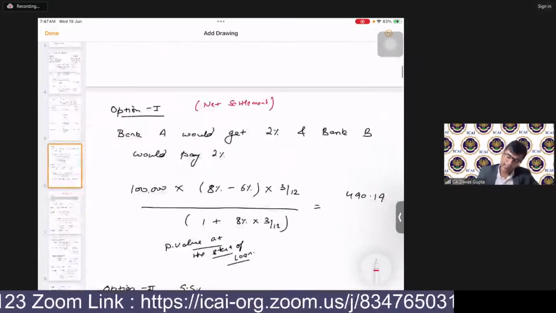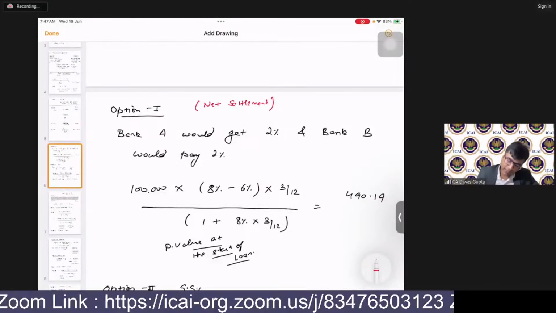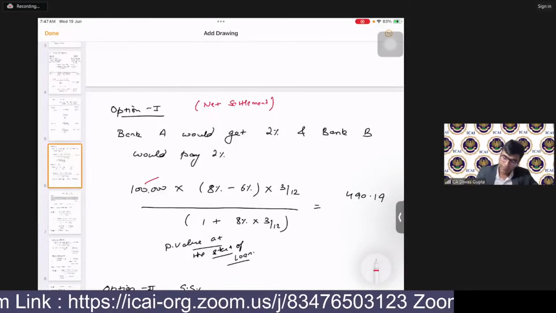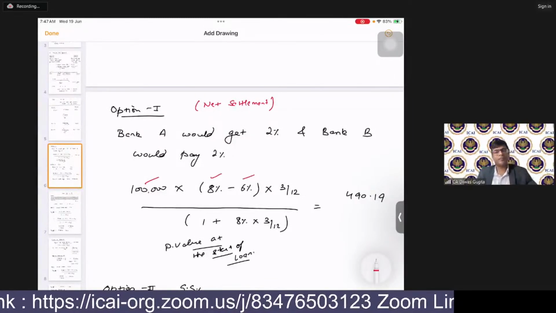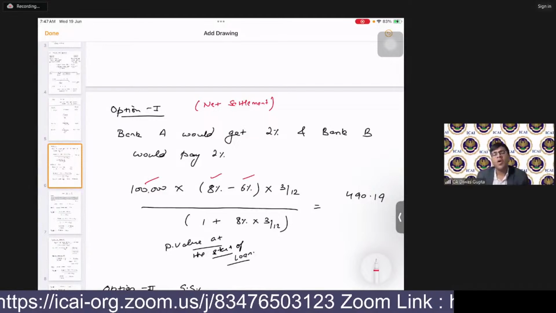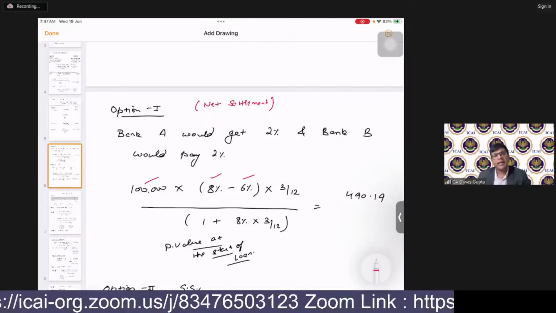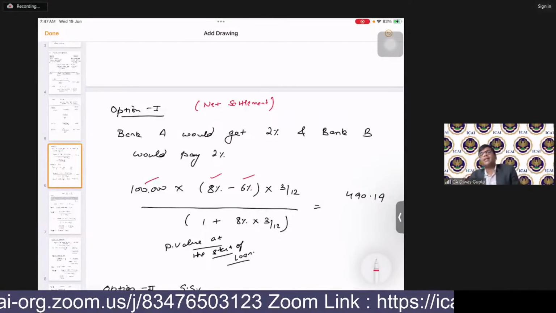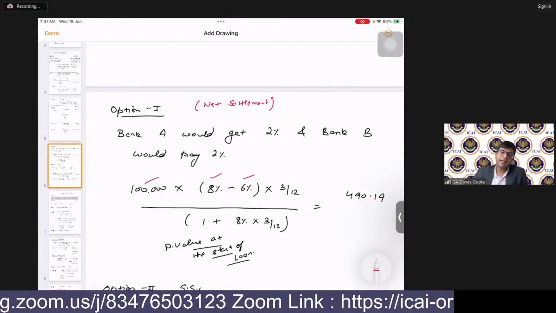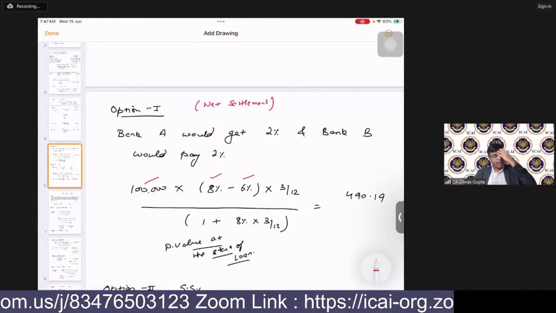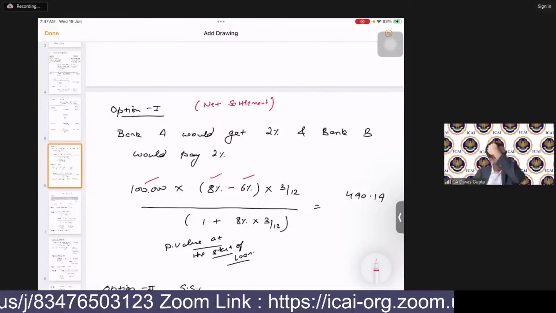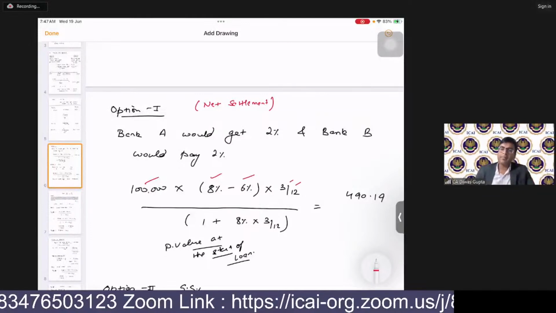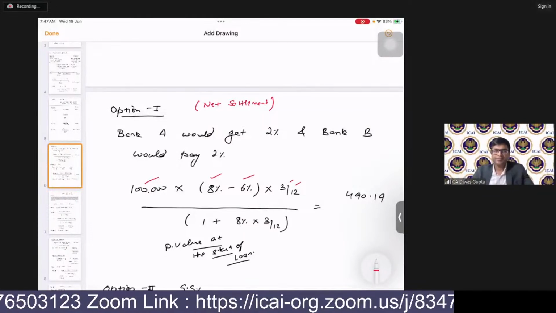So for Bank A, how will that calculation be done? 1 lakh was the notional amount. 8 minus 6 is the difference of 2% that is coming, right? 8 is my actual rate. 6 was my committed rate. And this is applicable for only 3 months, right? This is applicable only for 3 months.